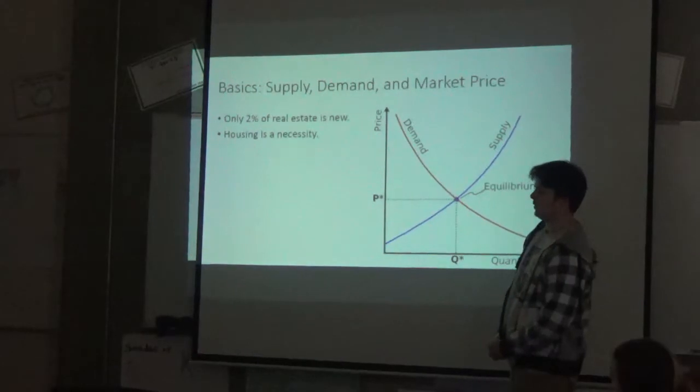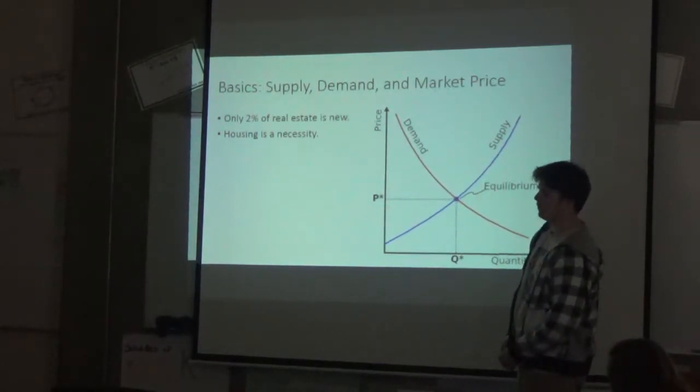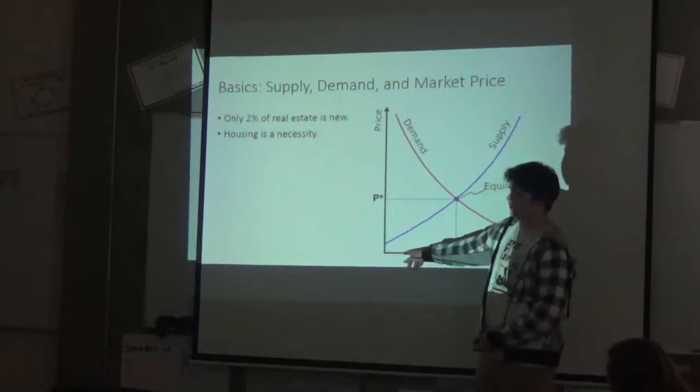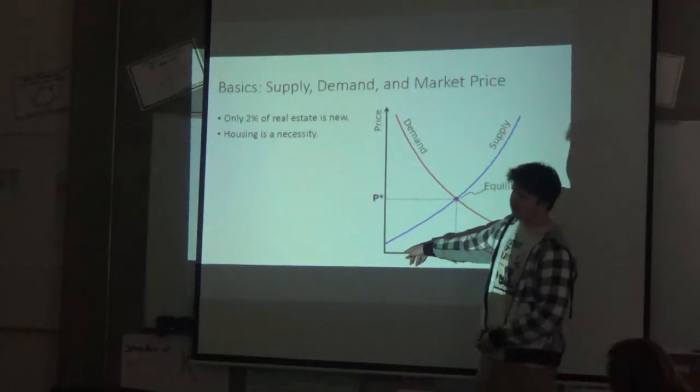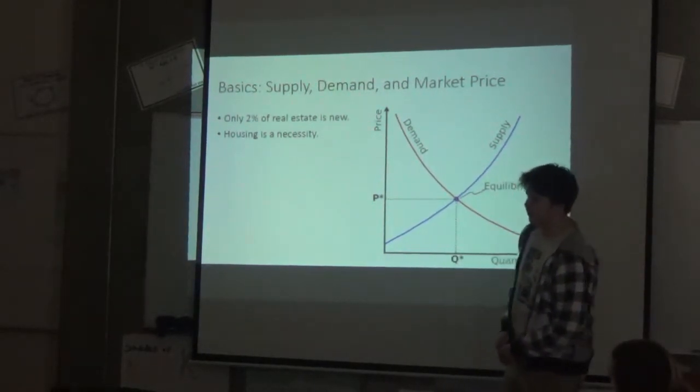What's the gap between them on the left side? If the price is really high, not very many people are going to want it, and that's why the quantity is really low.